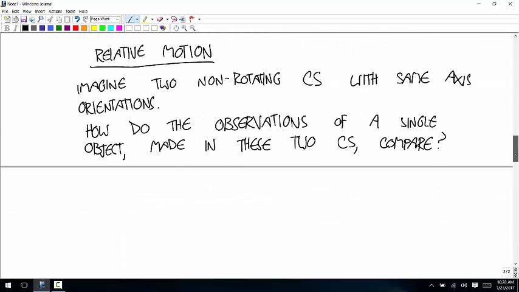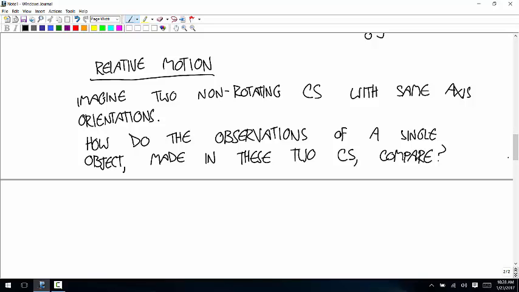And I think the best way to intuitively think about what an observation in a given coordinate system means is to think of a coordinate system as a video camera.